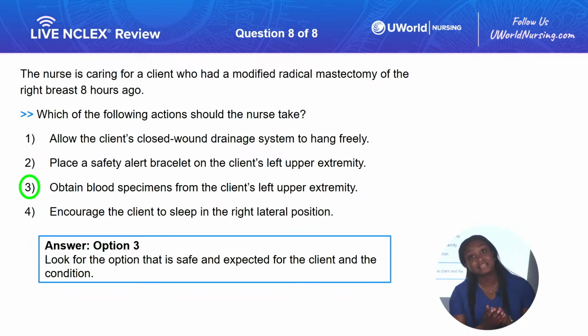You actually want them on the left side so that right side can have good flow and gravity is working with them to have the lymph and the fluid and the blood circulation go down. So the only good teaching point is to obtain blood specimen in the left upper extremity, because that's the opposite side. So you had to read that one very, very carefully.